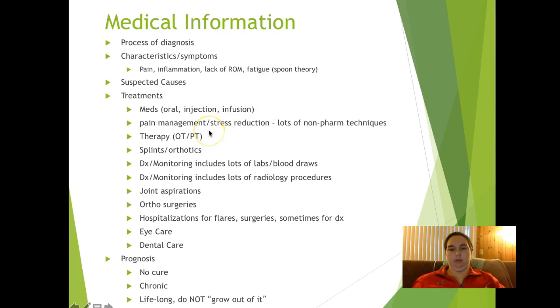Therapy, occupational therapy, and physical therapy. Again, this is mostly outpatient or at school, but that really helps. Splints and orthotics are one of the treatments too, although splinting is less and less now. There's more research and theories that show it's less helpful and actually sometimes harmful, but you still will see splinting and definitely some foot orthotics and things like that.